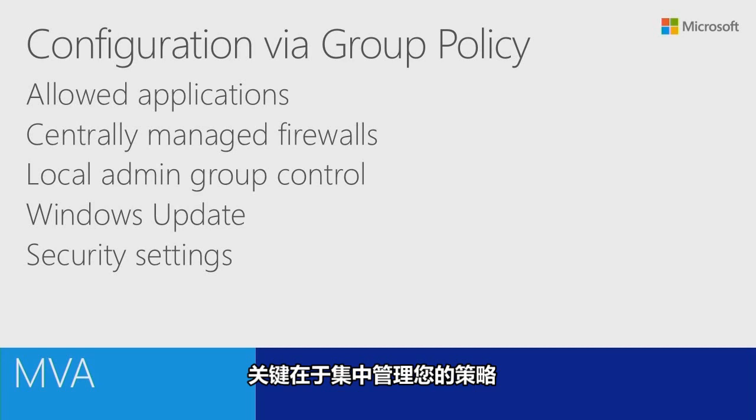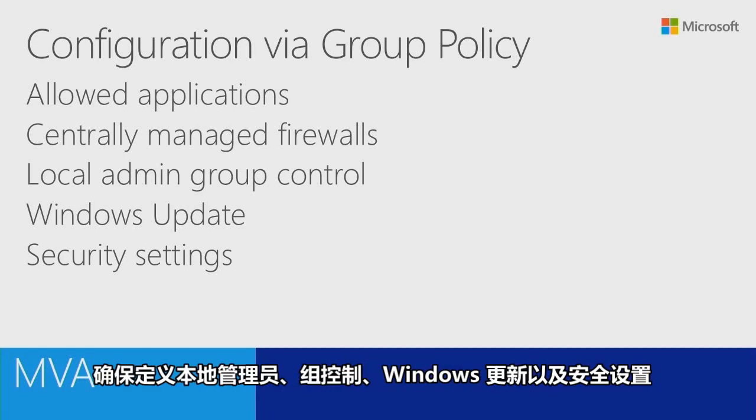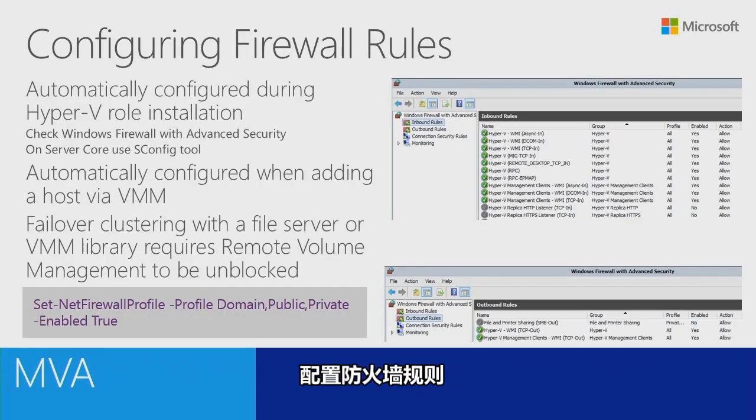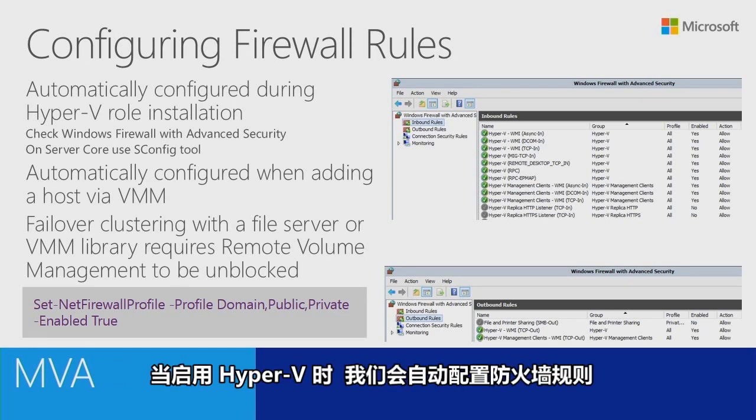When it comes to configuration, obviously, group policy is a key consideration for centrally managing your policy, for making sure that you define your local admin, your group control, your Windows update, your security settings, a huge one. Configuring firewall rules is automatically configured when you enable Hyper-V.